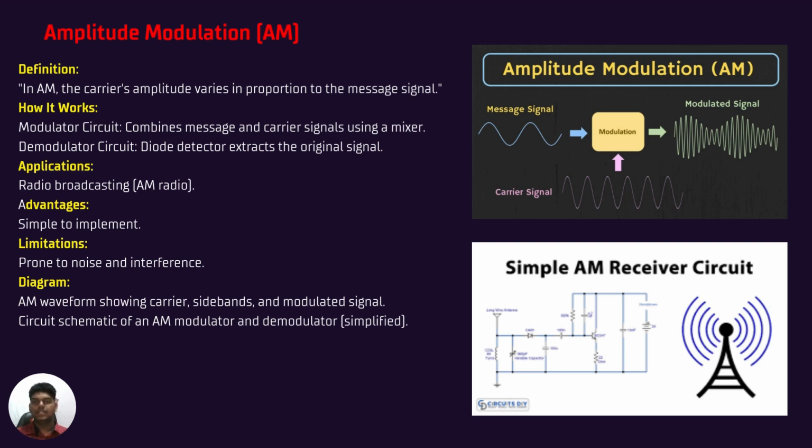The modulator circuit consists of a mixer which combines the message signal with the carrier. The demodulator circuit typically uses a diode detector to extract the message signal from the modulated carrier. AM is widely used in radio broadcasting, but has limitations such as being more susceptible to noise and interference.